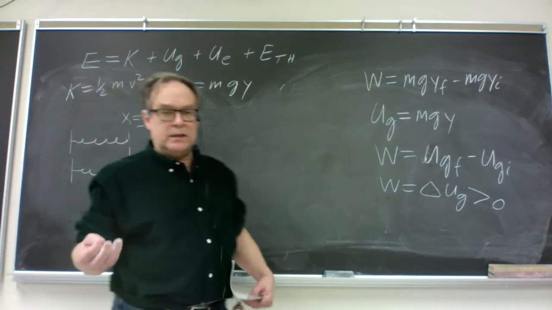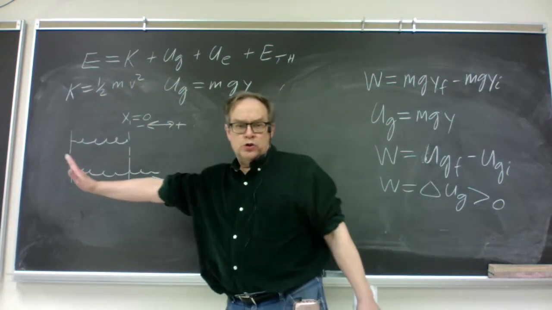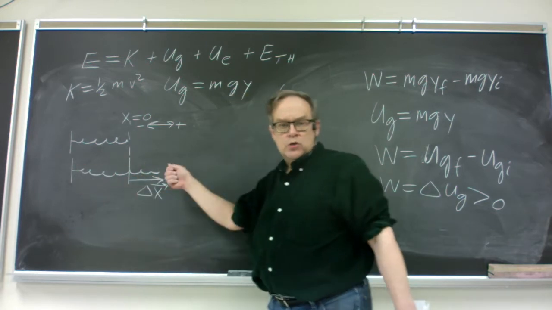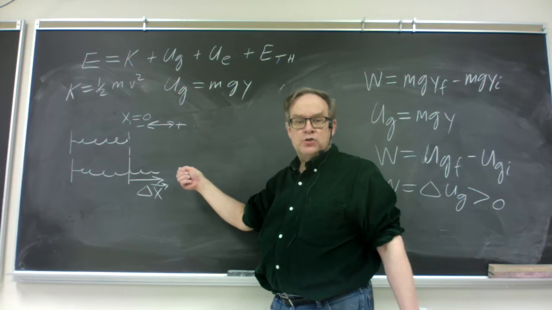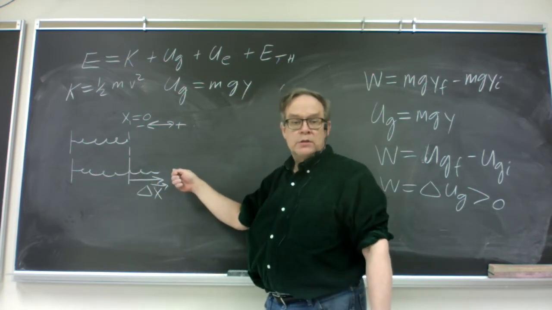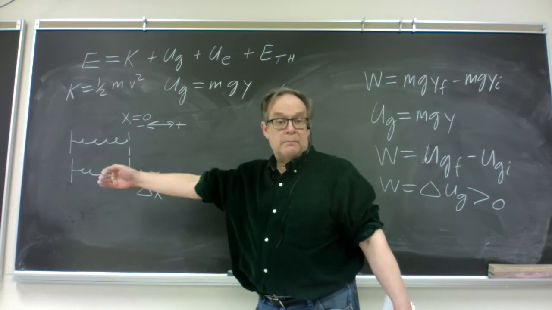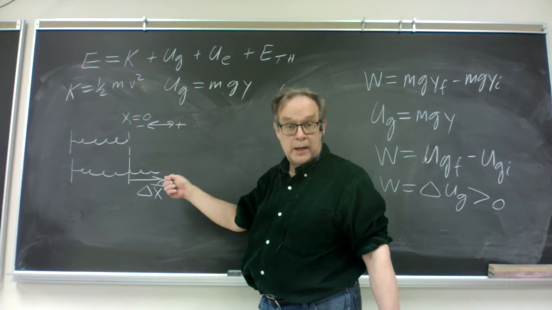And being an elastic object, the spring will try to snap back to its original shorter length. So if you're holding onto it here, as you pull it farther, it's trying to snap back this way, which means the spring is going to be pulling to the left on your hand.